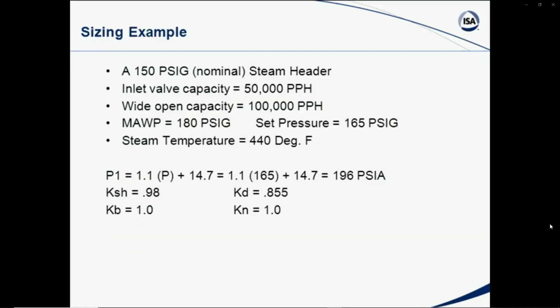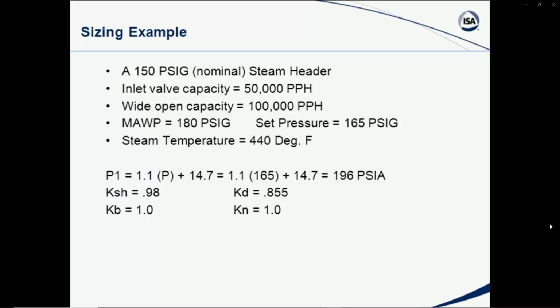Okay, let's look at one. We have a 150 PSIG steam header. Normally the valve is going to be operated at 50,000 pounds per hour, but this particular valve, wide open, can flow 100,000 pounds per hour. Now this steam is going into a vessel or a system that, if this valve was to fail, it could overpressure the vessel in some cases, or at least we don't want that to happen, and we may need to relieve that pressure.